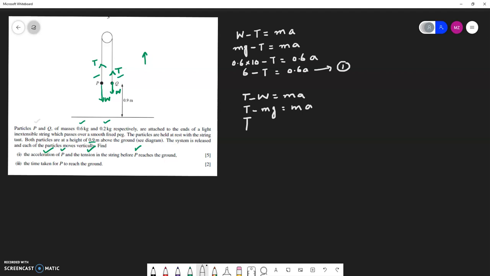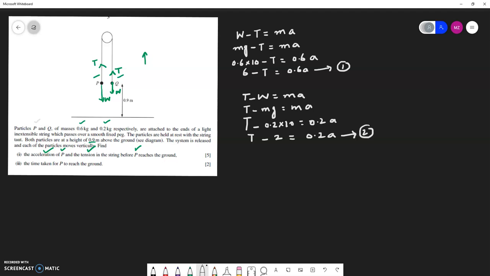The mass of Q is 0.2, so T minus 0.2 into 10 is equal to 0.2 A, so T minus 2 is equal to 0.2 A. And this is equation number 2.